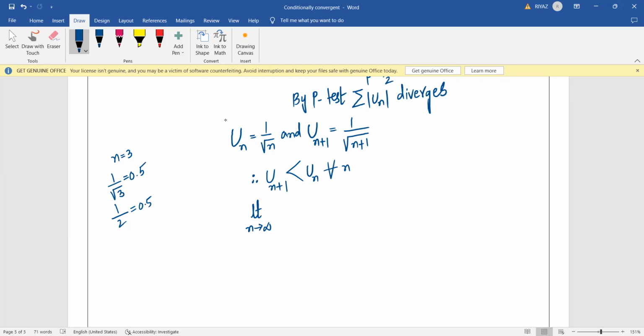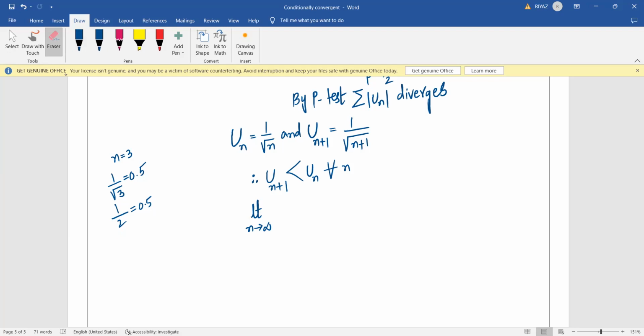For n equal to 3, 3 plus 1 is 4, so 1 by root 4 we have to take.